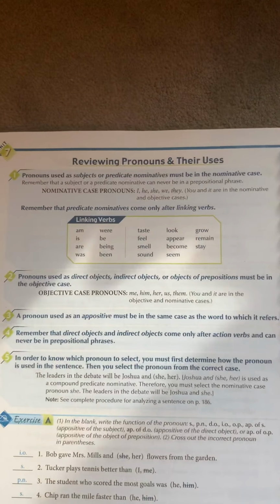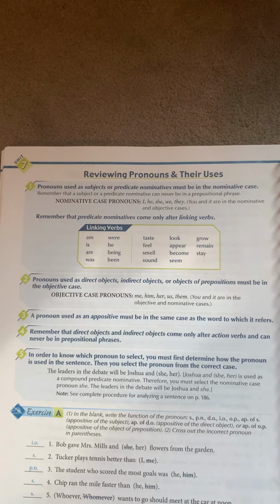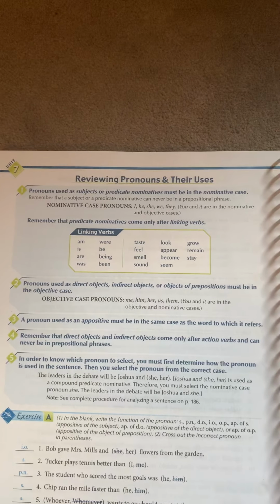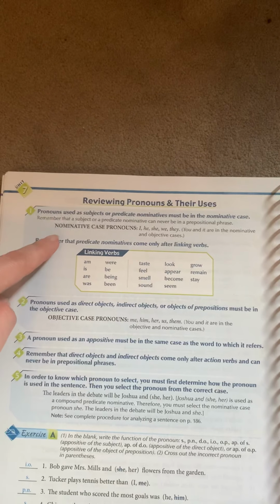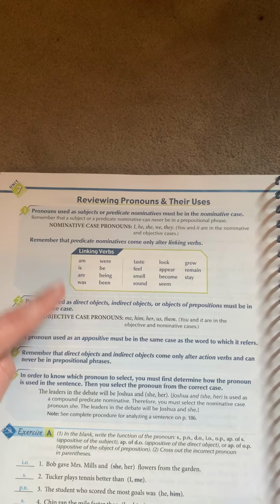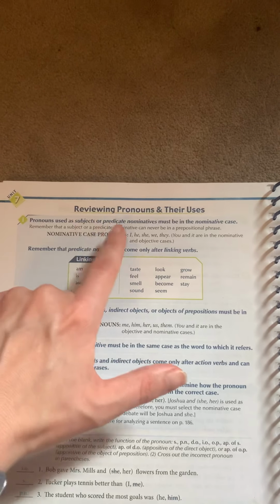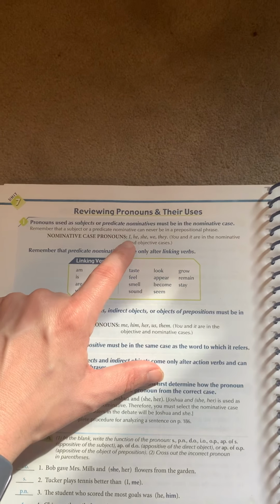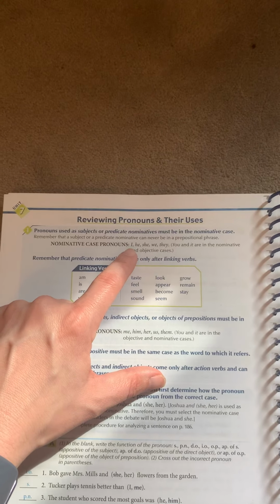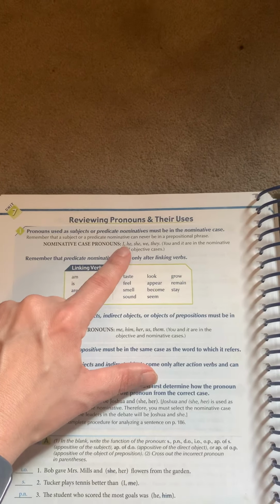Up at the top, this information, when I went through these pages on your last video, your review pages, I told you you would need to make sure you feel comfortable with your cases of pronouns, okay? So when to use nominative case, subject, predicate nominatives, and if you look here, you have the pronouns that go with the nominative case, which also includes who and whoever.